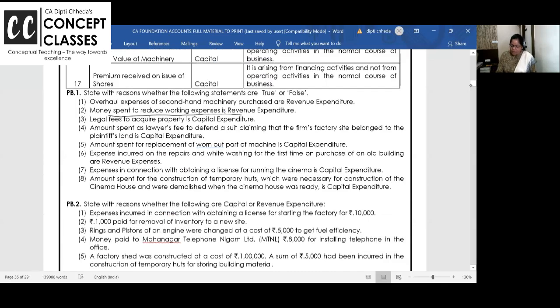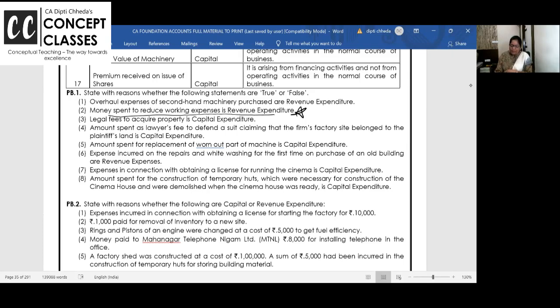Money spent to reduce the working expense. You have spent the money so that your day-to-day expense is reduced. I'll give you an example. Suppose you have a four-wheeler which works on petrol. Now you have changed a major part by spending 18-20,000 and converted the petrol vehicle into diesel.